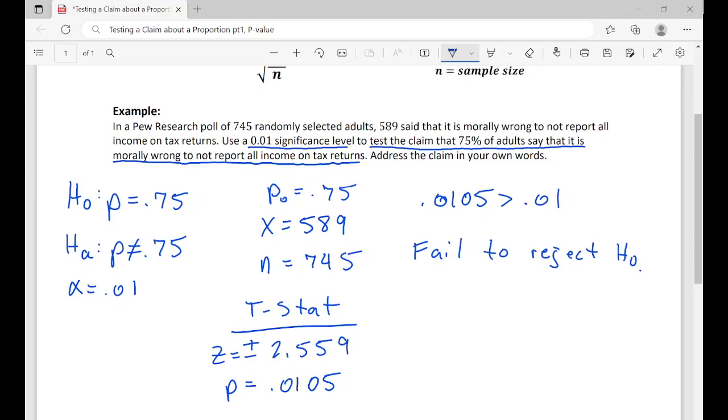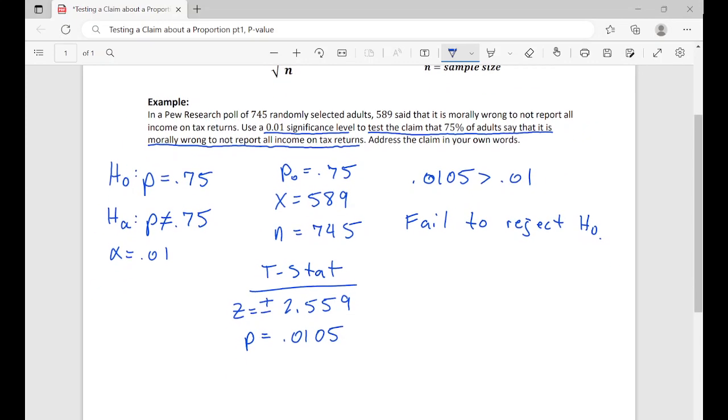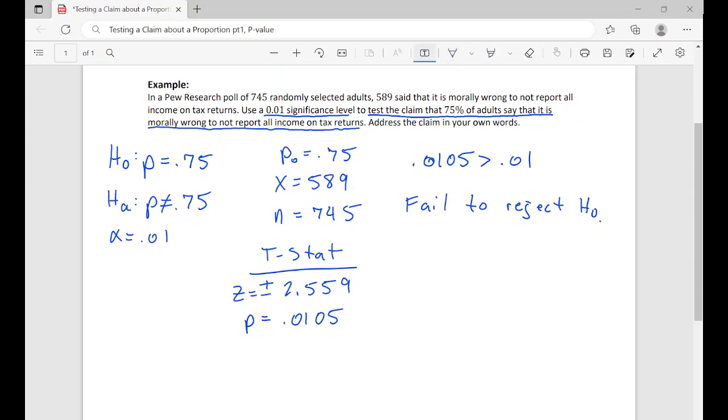So, I'm going to just zoom out a little bit, and we're going to state the claim in our own words. Since we failed to reject, we cannot reject the null.